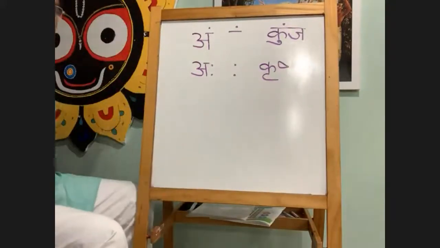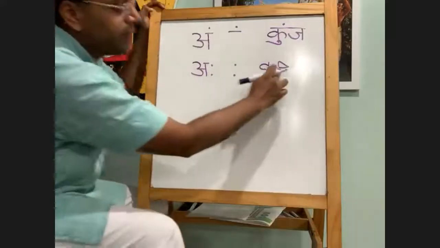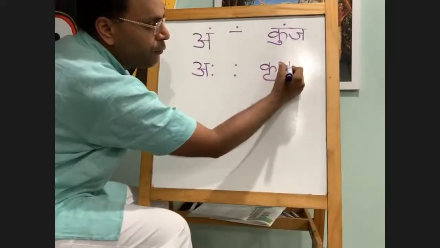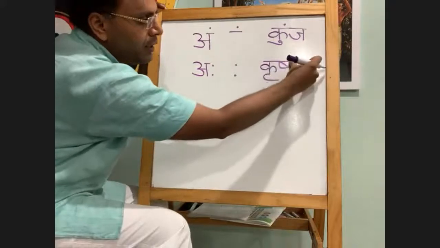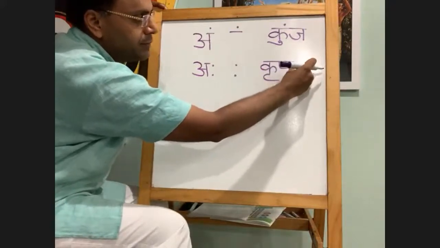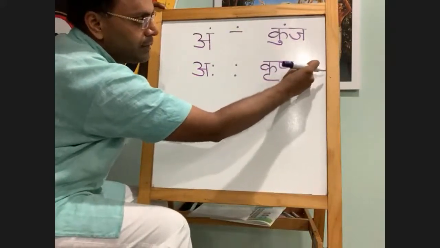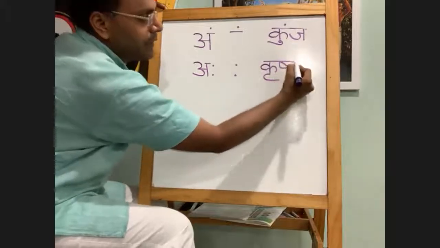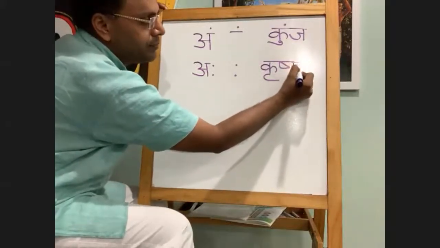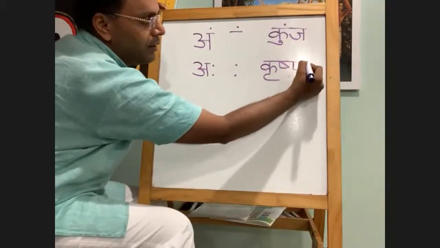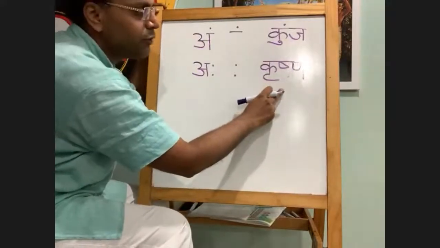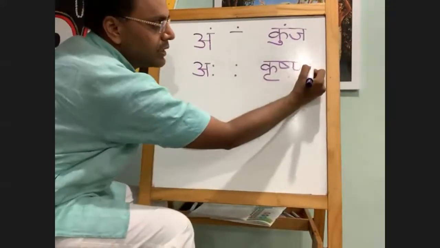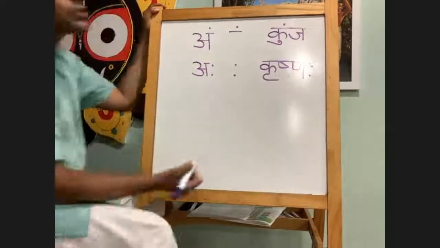If there's not full A sound there, it will be written as half, rather than writing full Sha. So there is no line. And then Na. Krishna. But in Sanskrit, if you're writing Krishna, then there are 2 dots also at the back.